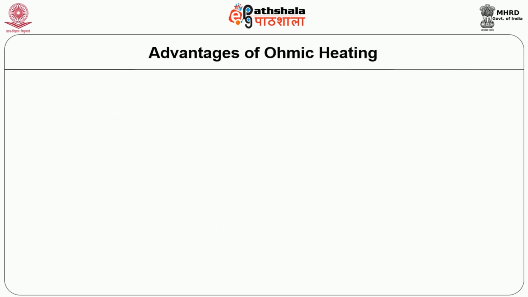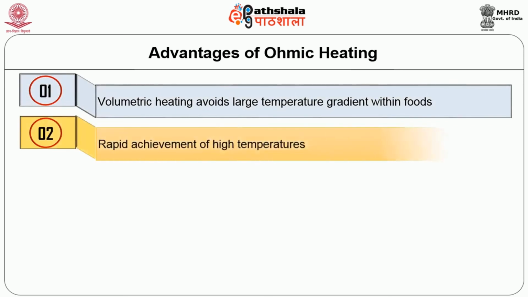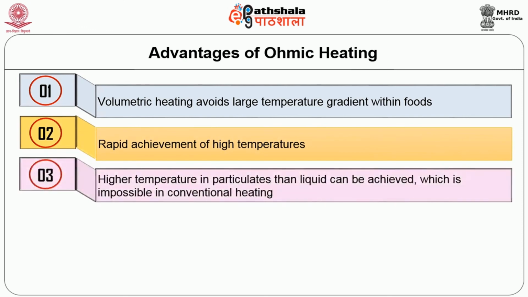The various advantages of ohmic heating are: volumetric heating avoids large temperature gradient within the foods and allows rapid achievement of high temperatures. Higher temperature in particulates than liquid can be achieved, which is impossible in the conventional method of heating.